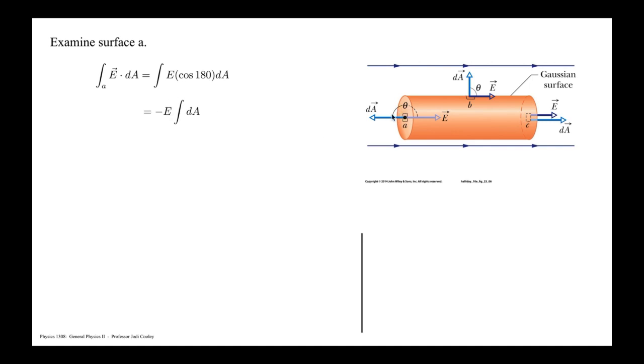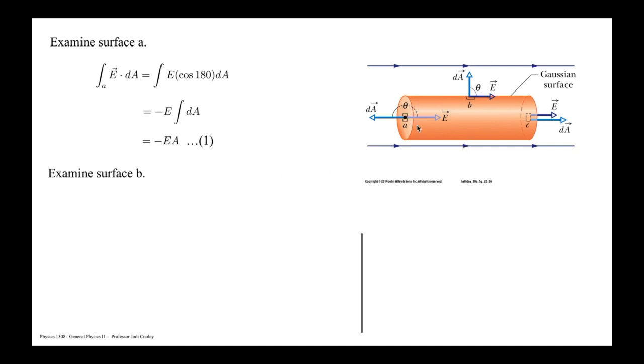Also notice in this case, our vector is pointed in the opposite direction of our E field, so we have minus E, the integral of dA. Since we're integrating over dA, it's the area of this cylinder end cap here, and so that area we'll just call area A. So we'll use A here to represent the area of the end cap.